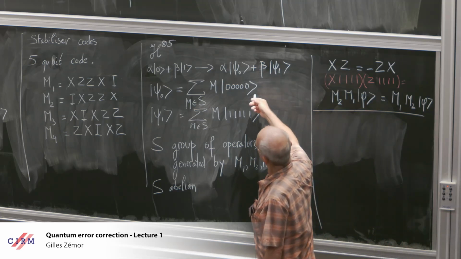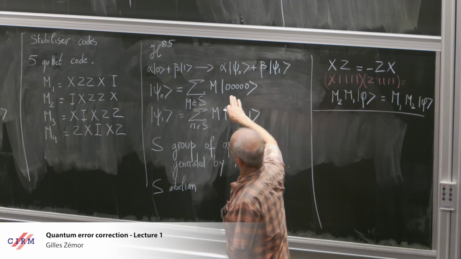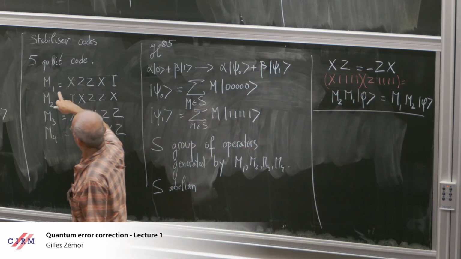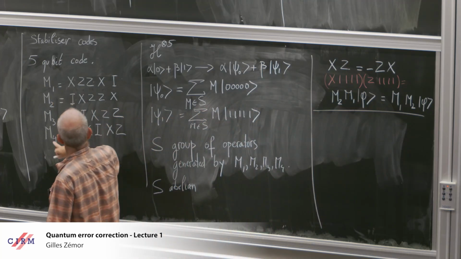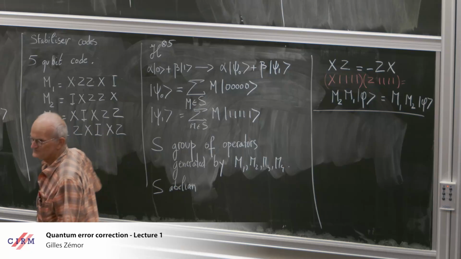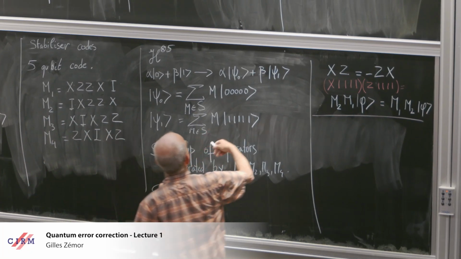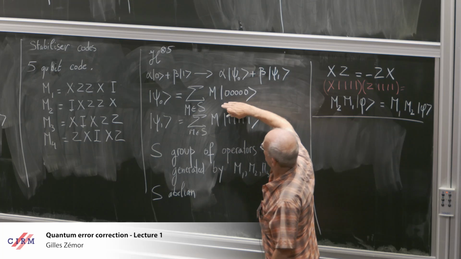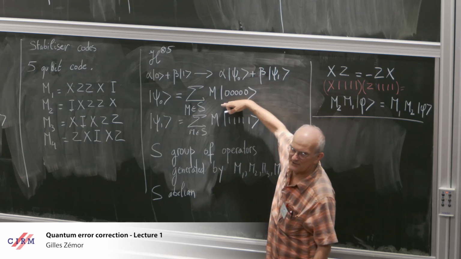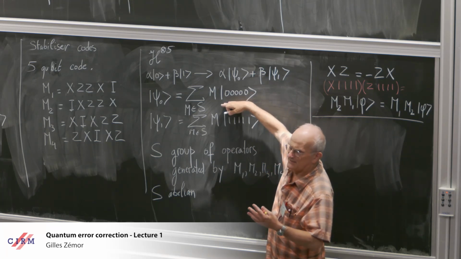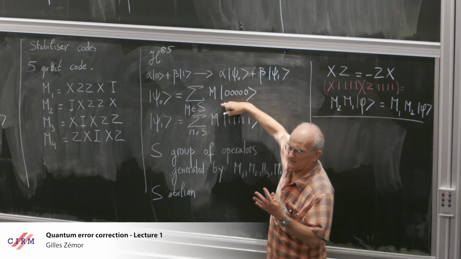So we may define these states, and you can see that the MI operators all have 2 X's in them. So when you apply an MI operator to the all 0 state, you're going to flip 2 qubits somewhere.